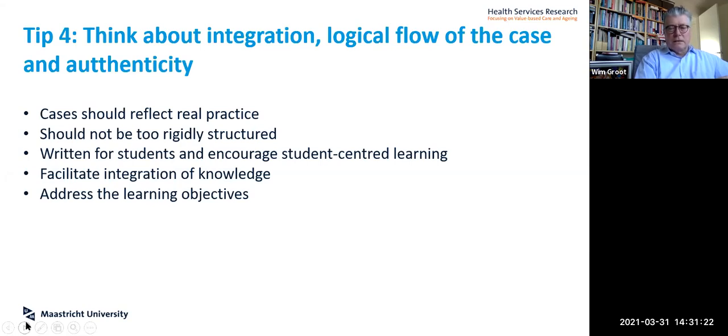And it should be something that they can discuss and have different perspectives upon. It should facilitate the integration of knowledge. The cases are usually multidisciplinary, so it also should be able to have different disciplinary approaches to solving the cases.